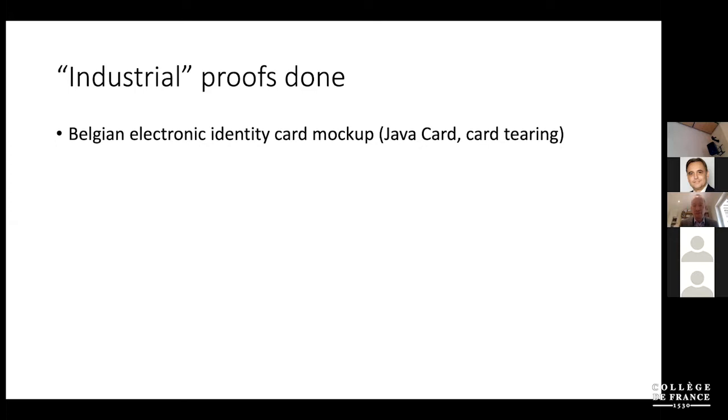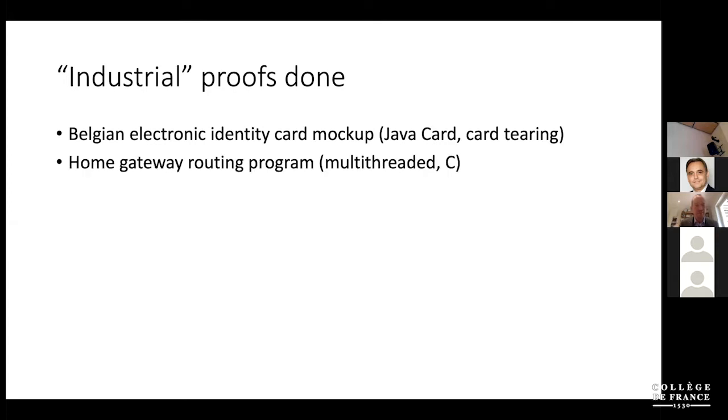And so some version of that program was provided to developers, and we have verified that this program doesn't have illegal, so out of bounds, array accesses, and also works correctly in the presence of card tearing. So if you tear your identity card out of the terminal while some operation is going on, it should still maintain the invariants of the card. So we verified that, and we did find a few bugs in that version of the program.